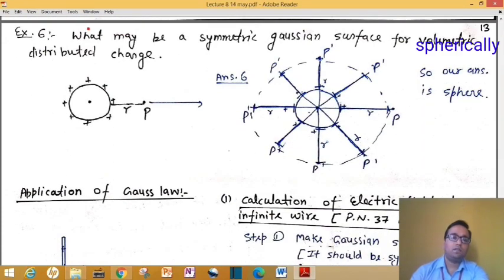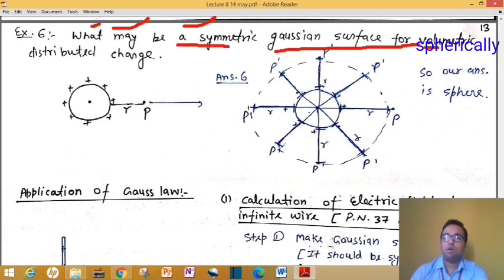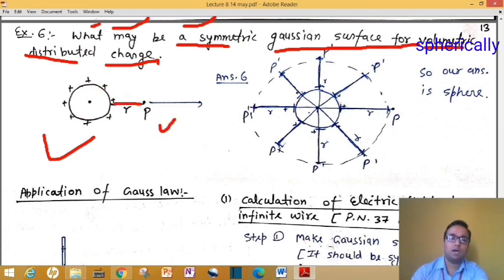For surface charge we have done. Now we will do a symmetric Gaussian surface for distributed charge. This is an easy one: we have a sphere like this one, with positive charge provided, and a point P at a distance r.